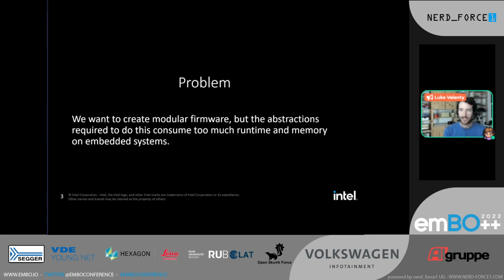Maybe we have a tiny 8-bit AVR or a 32-bit microcontroller with a small amount of memory, or maybe it's a PicoRV32 running on an FPGA out of block RAM, right? So it would be nice to take the really comfortable abstractions that we can write with software on desktops and servers and bring that kind of abstraction down to embedded platforms.